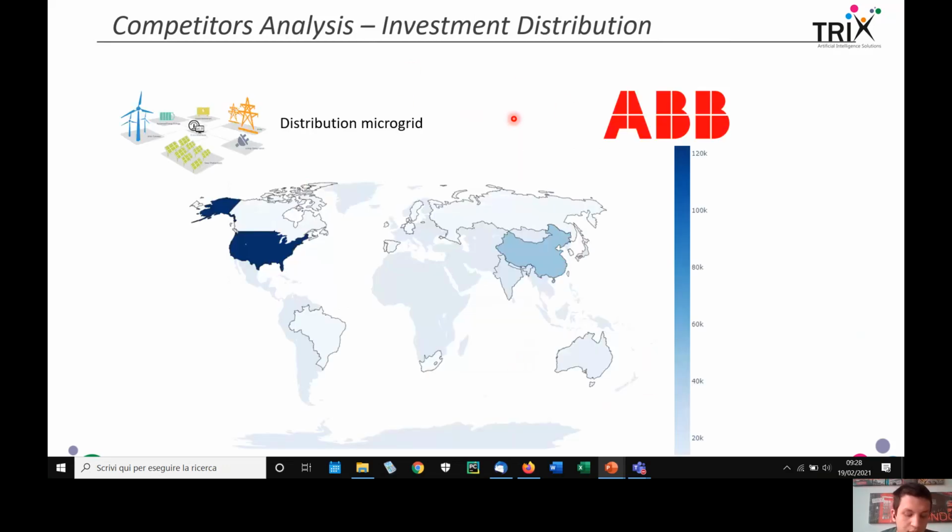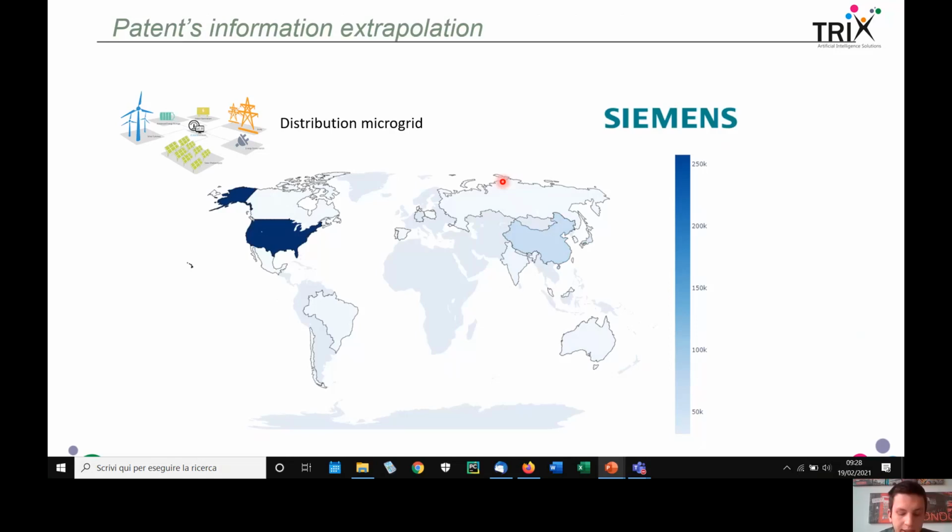In this example, I have the analysis of microgrid, a type of electrical grid, and I see the investment value of ABB in the world. I can do the same for other companies like Siemens, and I can compare the two pictures, the two sets of data.